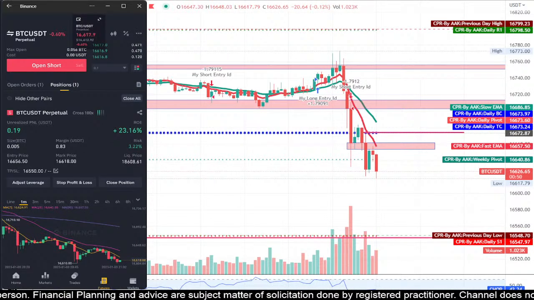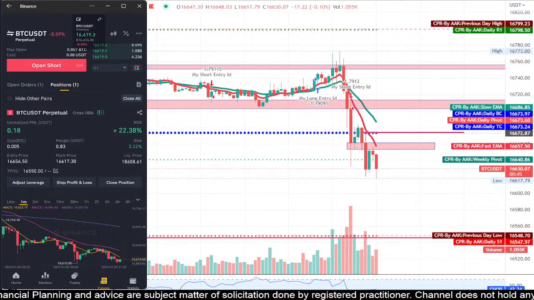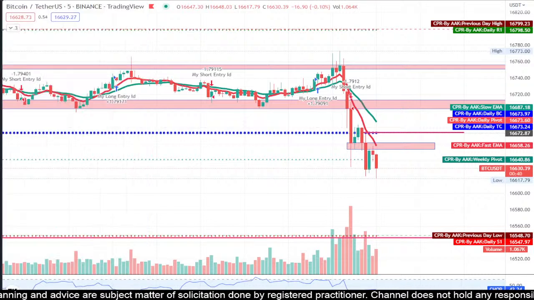So that's the current situation of our trade. This is how it is working and performing right now. It is showing us a tentative profit of 20% plus. So let's wait and see.